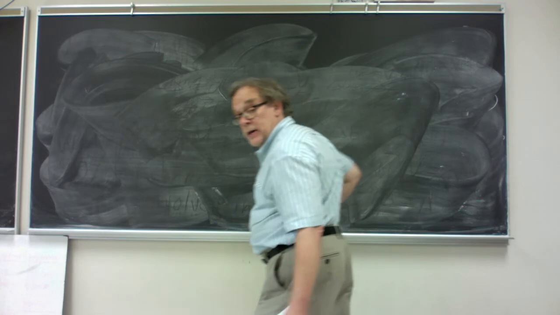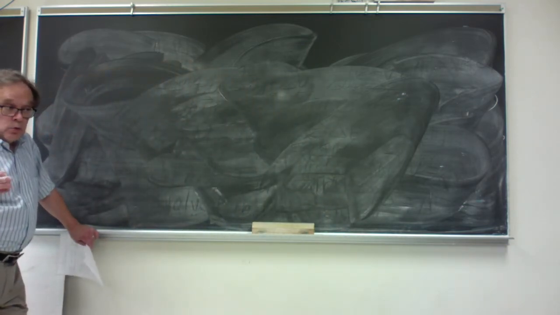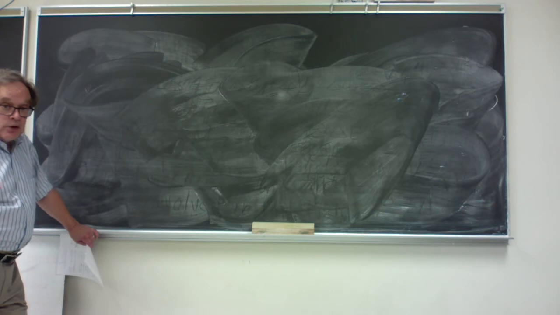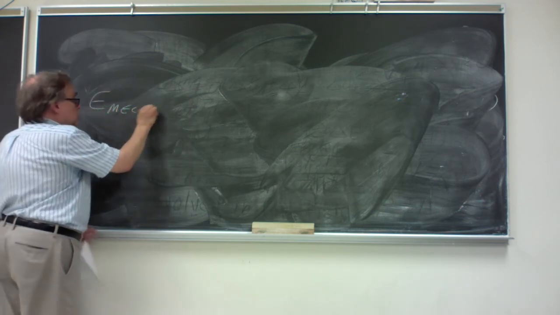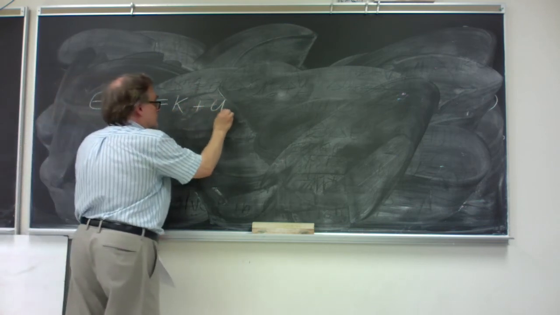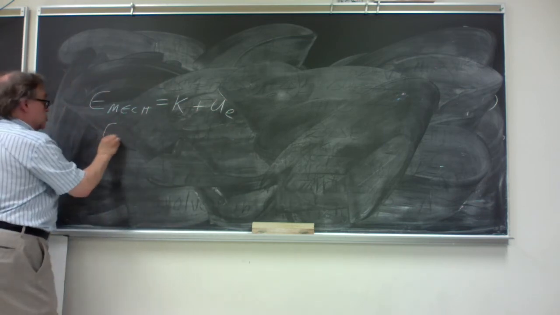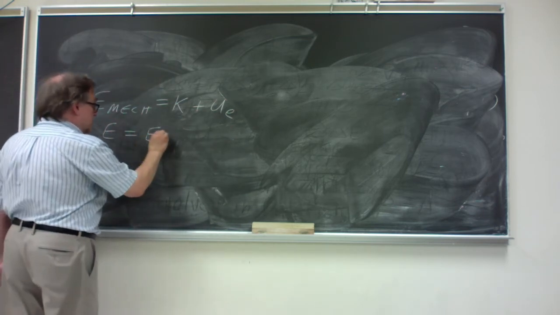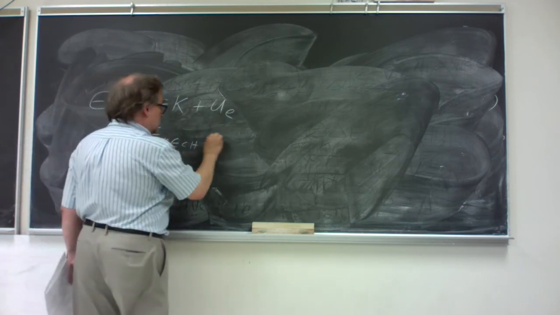When we talk about amplitude, we first want to define a new thing called mechanical energy, which is just the sum of the kinetic plus potential energy in the system. So in other words, the total energy of the system will just be the mechanical energy plus the thermal energy.